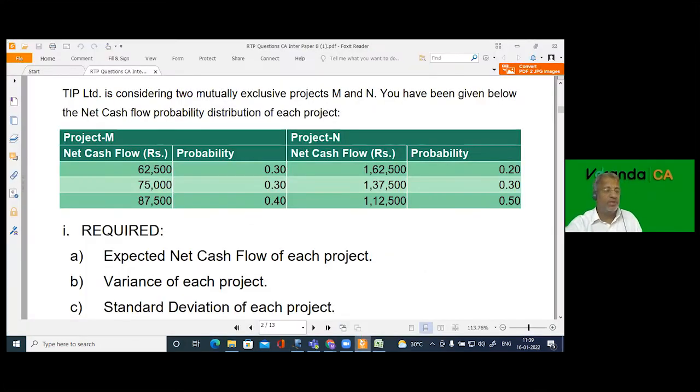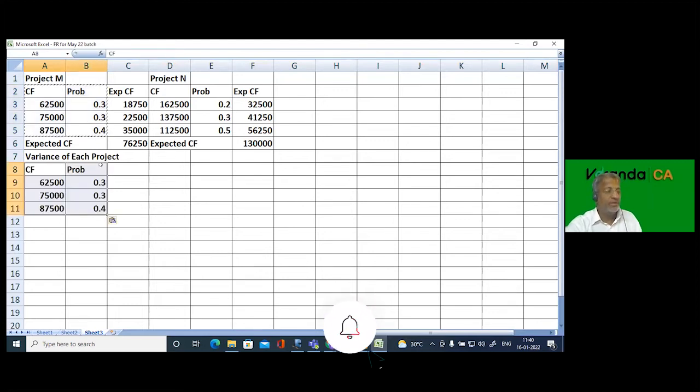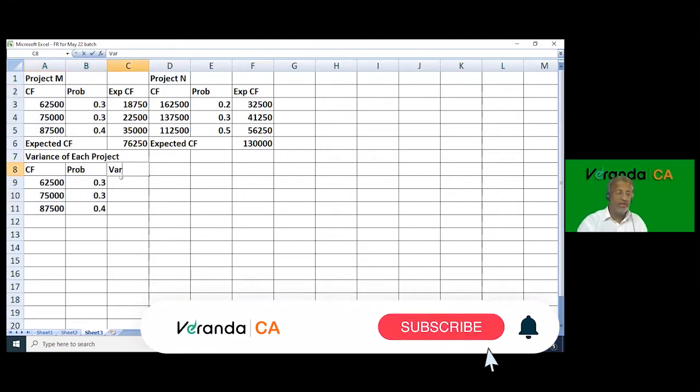What is the second question? Variance of each project. How do we find out variance? Just copy paste. Now, variance I will take up. How do we calculate variance?